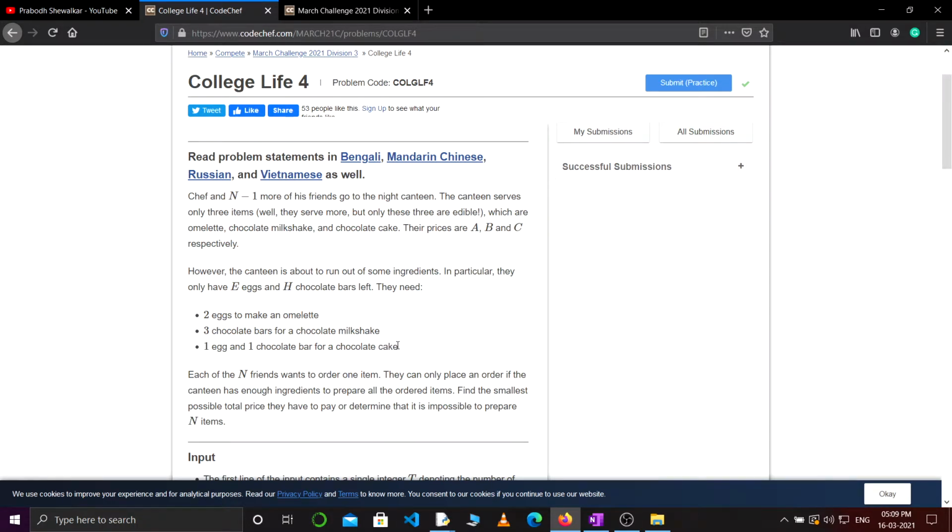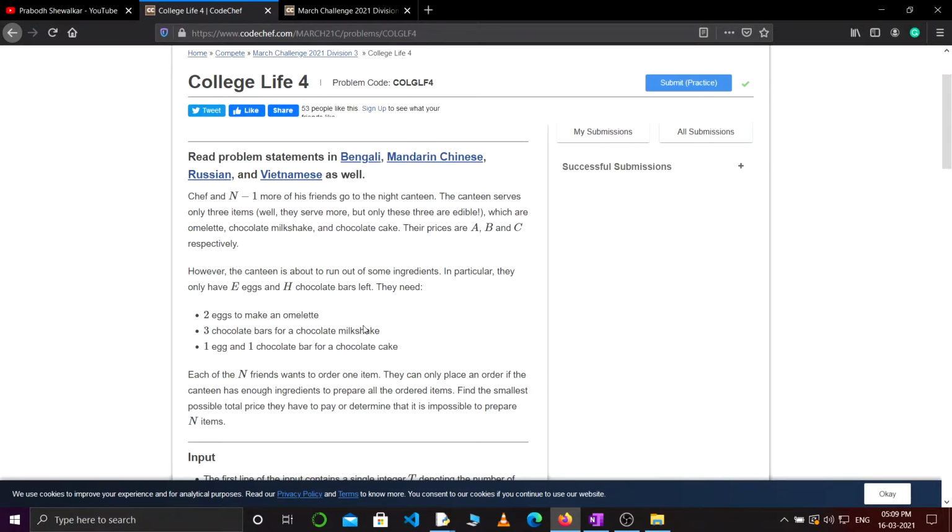So this cake is actually depending on how many omelettes or how many milkshakes we'll be buying. So what we can do, we'll just fix the number of cakes that we'll be buying. So for example, let's say we'll buy X number of cakes. So then we have to order n minus X number of either omelette, milkshake or both, whichever is the cheaper, isn't it?